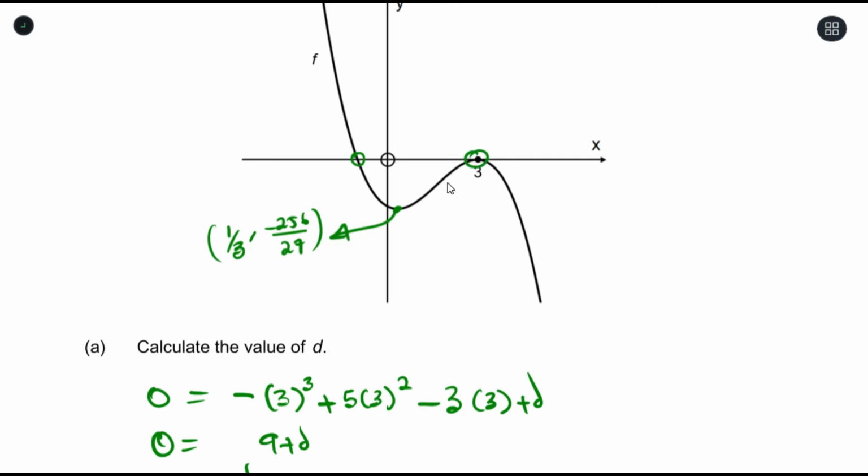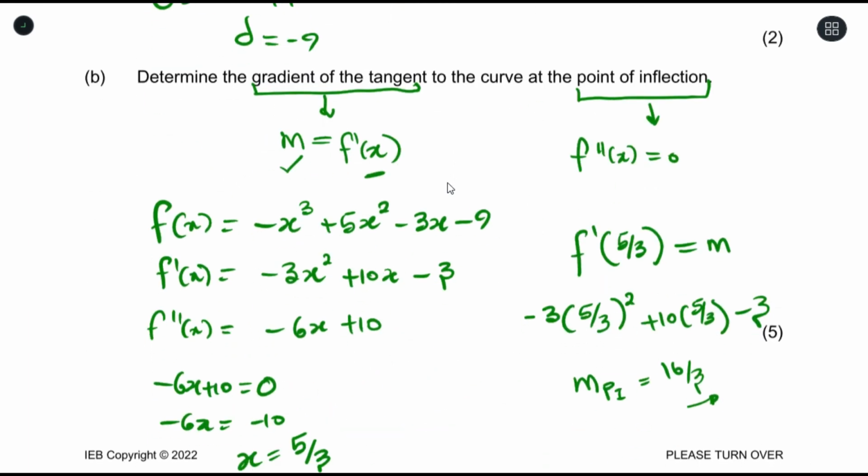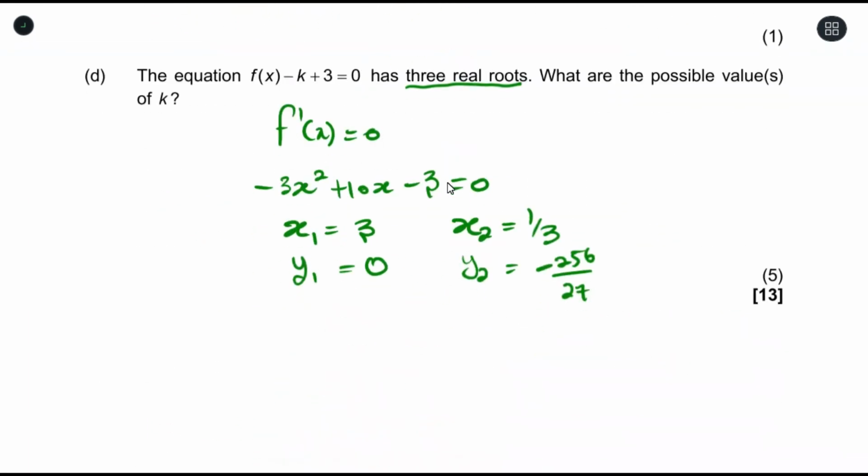If we want 3 x-intercepts, it means our graph needs to be shifted vertically. This part of our equation here, which I'm going to highlight, is the amount of units our graph needs to be shifted upwards or downwards to achieve 3 real roots. That's exactly what we need to look at.